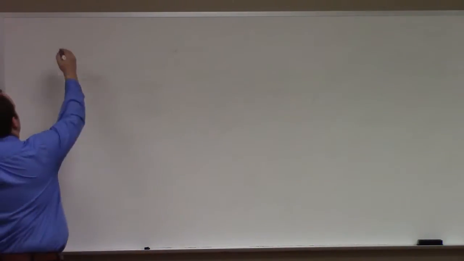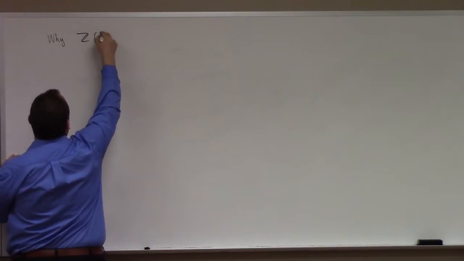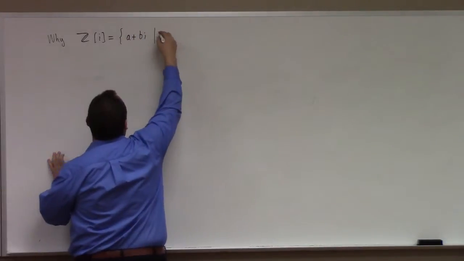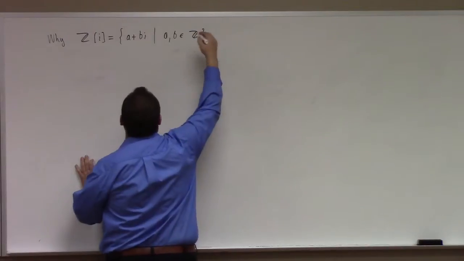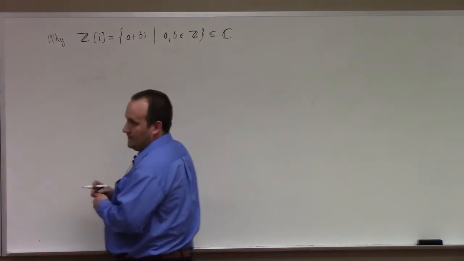So to prove it, what are Gaussian integers? That's the set of a plus bi such that a and b are integers, right? Formally, this is a subset of the complex numbers.